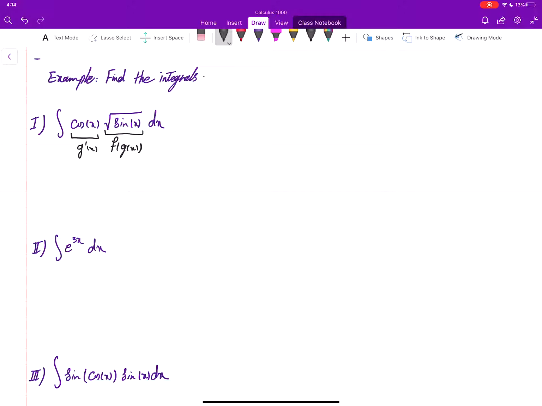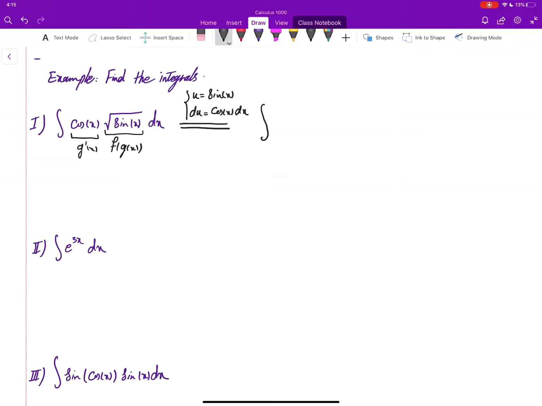We identified the pattern. The second thing is to set the new variable u equal to g(x), which is sine x. The du is going to be related to dx by multiplying the derivative of sine x, which is cosine x, by dx. That's the second step.